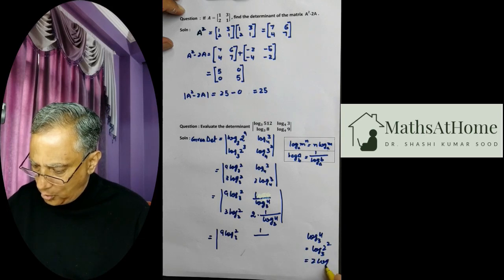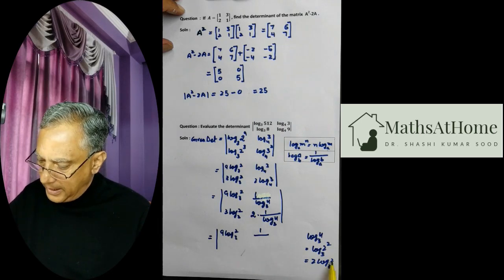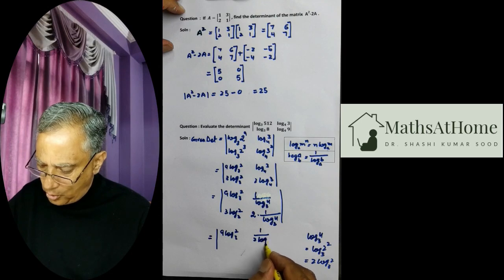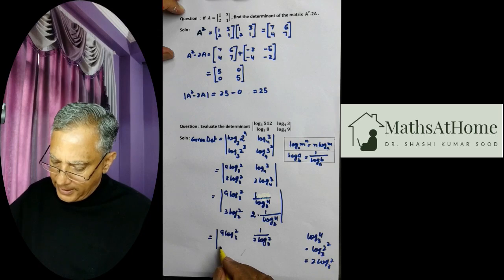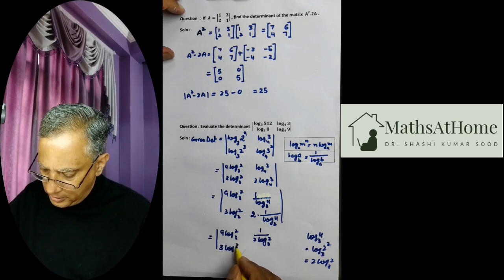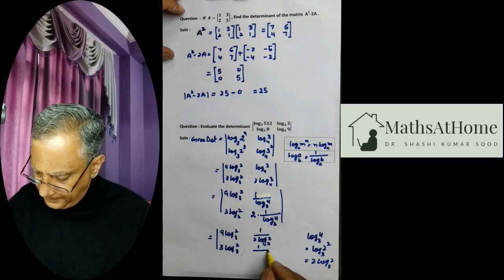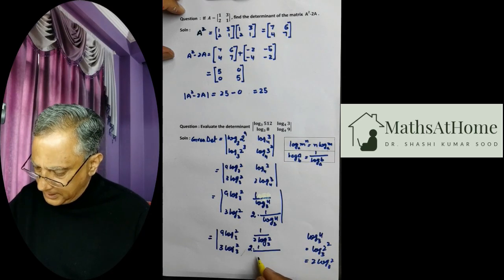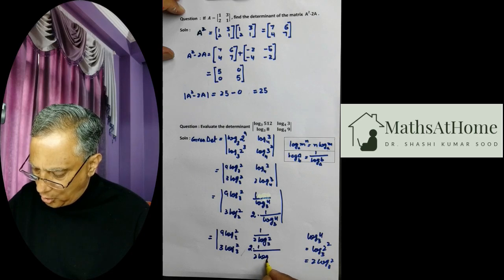This is equal to 2 log 2 to the base 3. And this is 3 log 2 to the base 3, 1 upon, this is 2 into, and this can again be written as we have explained here, this is 2 log 2 to the base 3.